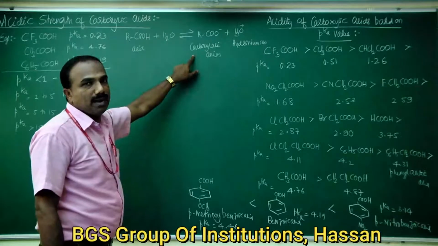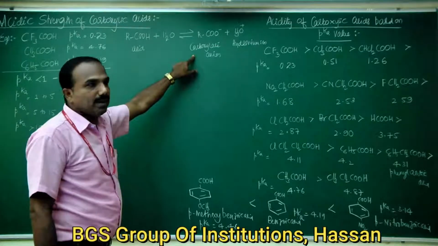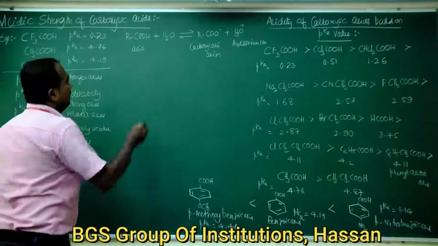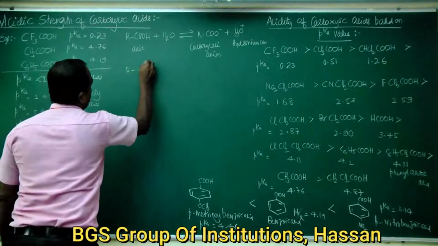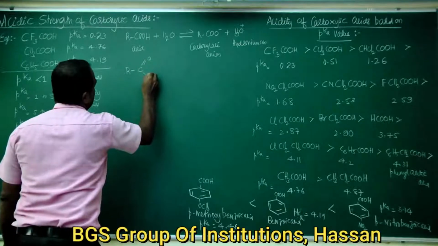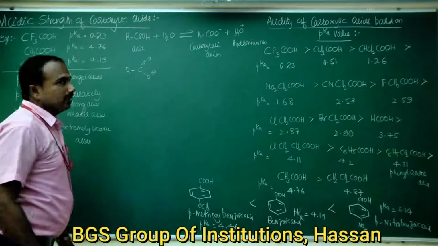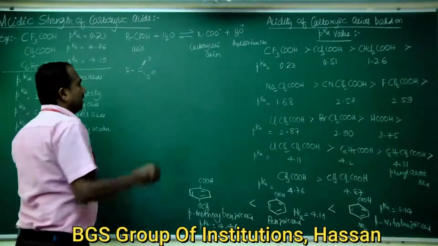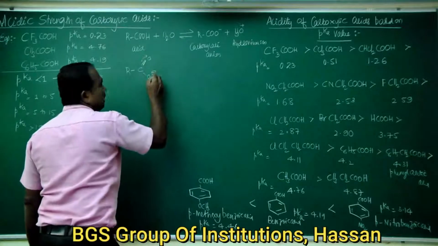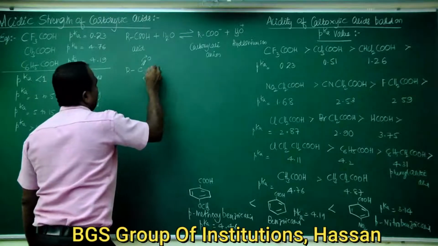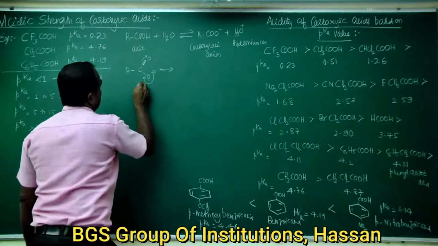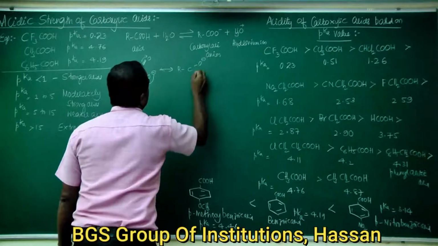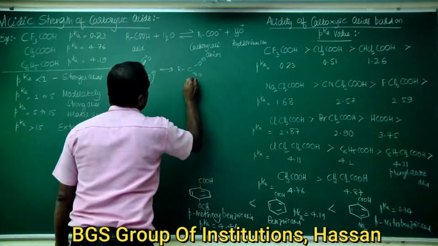So this is stabilized by resonance. The resonance structure of carboxylate anion can be written as R single bond C, double bond oxygen, single bond oxygen, O minus. It has the following resonance structures: this is structure 1 and this is structure 2.